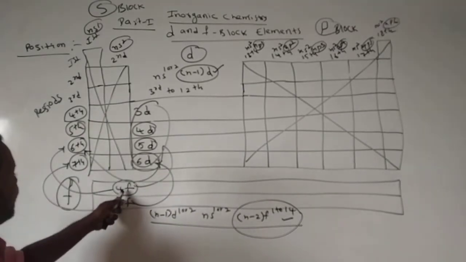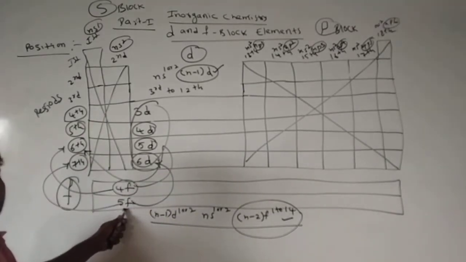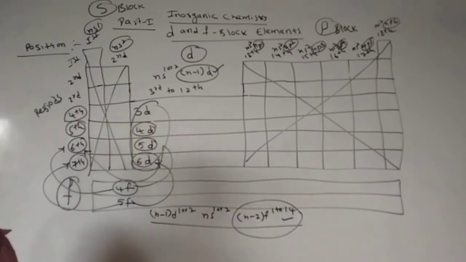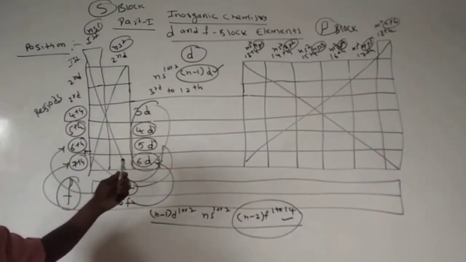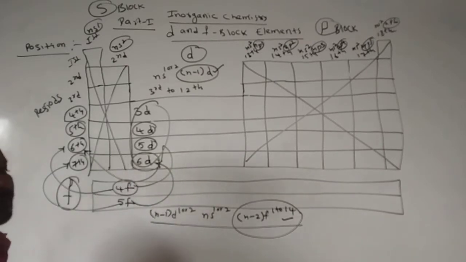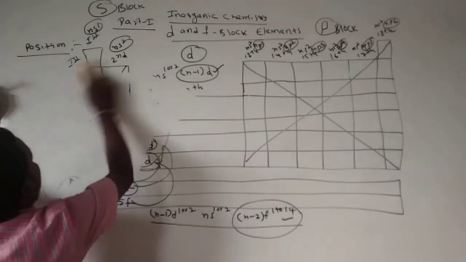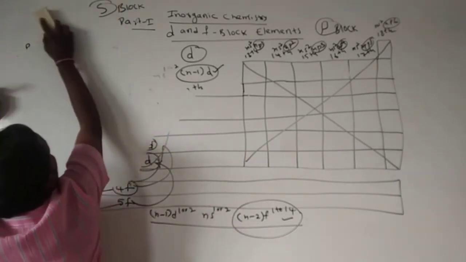The f-block elements are arranged in two series, the 4f series and 5f series, and the d-block elements are arranged in four series: the 3d series, 4d series, 5d series and 6d series. In continuation, we'll see the description of these elements and their electronic configuration.